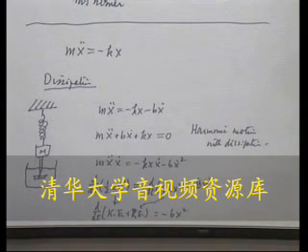So the total energy, the sum of the kinetic plus potential energies, changes with time and the change is always negative, minus b x dot squared. And that's why this is called dissipation.